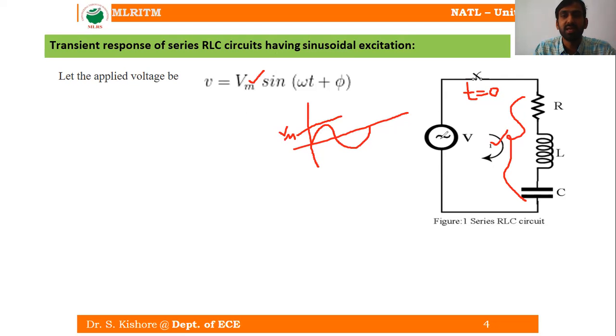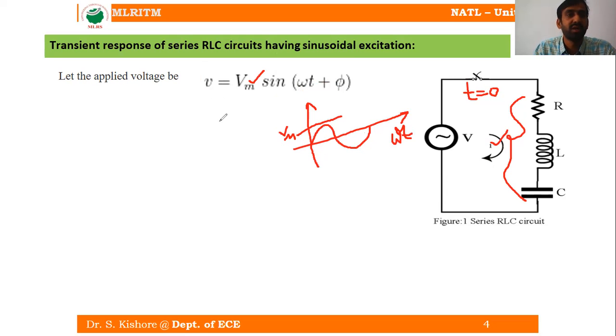As it is a sinusoidal signal, mathematically it is going to be represented using the sine function, so sine of omega t. Omega is nothing but your angular frequency and t is nothing but your time. So let us say this is omega t, right? Plus phi. What is this phi? Phi is nothing but your phase angle, right? So this is going to be our general representation of a sinusoidal signal.